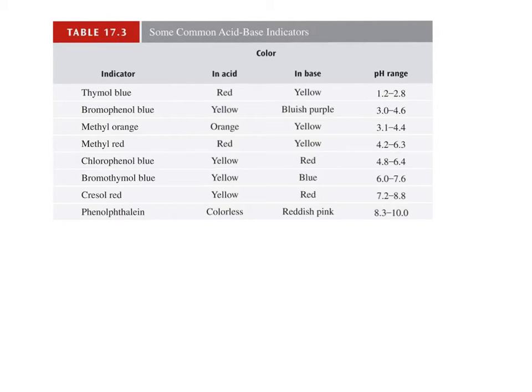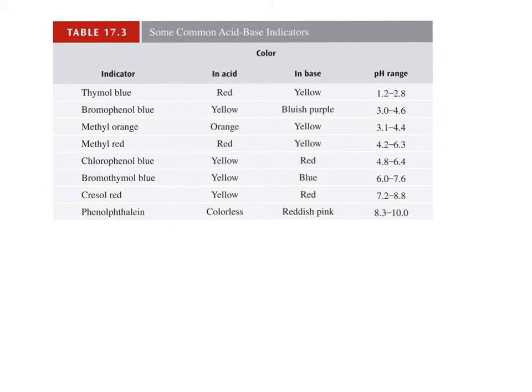And that is actually what we do see when we titrate the weak acid, acetic acid, with NaOH. And this is because the steepest part of the titration curve should be equivalent to the equivalence point. And that is to say that the indicator must change color where the titration curve is at its steepest point.